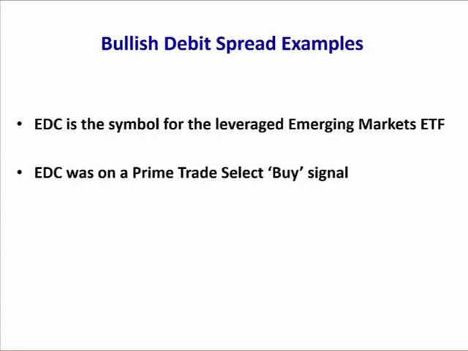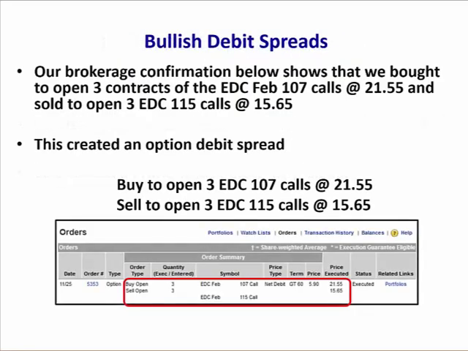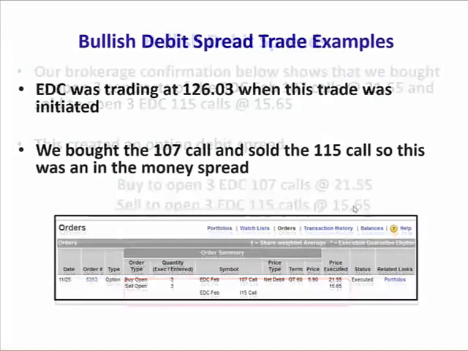Let's look at another example. This is for EDC, and EDC is the symbol for the leveraged emerging markets ETF. And our brokerage confirmation shows that we bought the EDC February 107 calls at 21.55 and sold the 115 calls at 15.65.